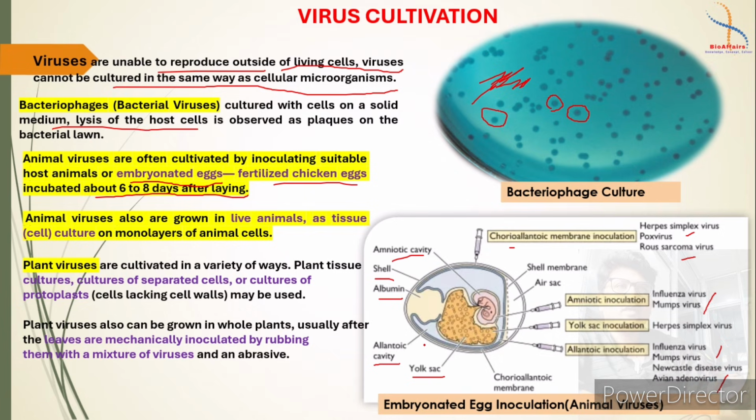Now coming to the plant viruses, they are cultivated in a variety of ways, like plant tissue cultures, cultures of separated cells, and cultures of protoplasts. Protoplast, you know, is a cell lacking a cell wall; it has a cell membrane, cytoplasm and other organelles.